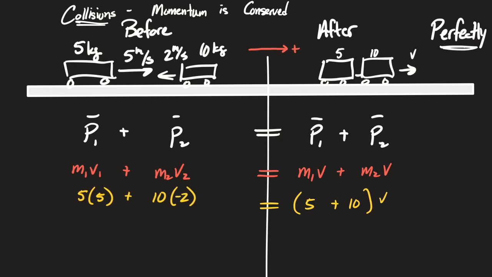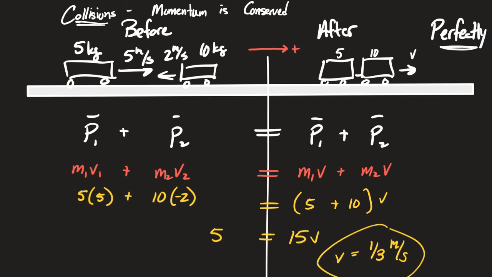Now the left side is 5, right? 25 minus 20. So 5. And that has to equal 15V. So at this point, I can solve for the one unknown. I can say that V equals 1/3 meter per second. That's how fast the system is going after the collision.